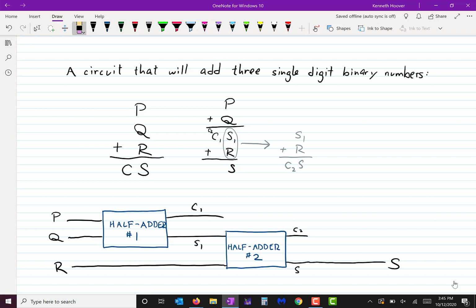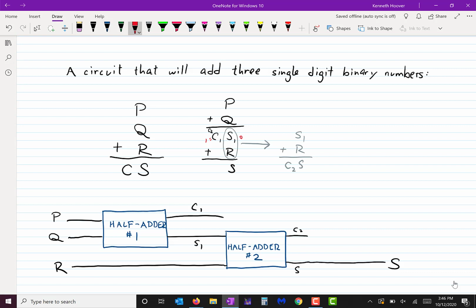If C1 is a 1, then what does that mean P and Q were? The only way for C1 to be a 1 is if P and Q were both 1. Because then I would get 1, 0 down there.